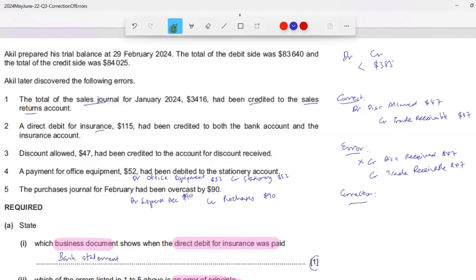To reverse it or to strike it out, we have to debit discount received. They strike out. And then we have to take this into the account with discount allowed, $47. Thereafter, we'll credit the suspense account by $94.